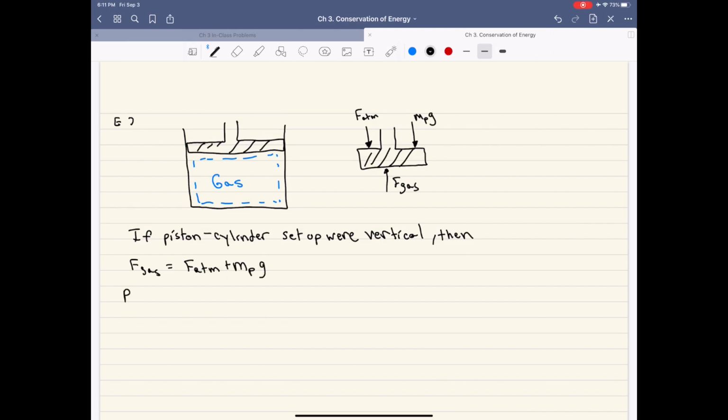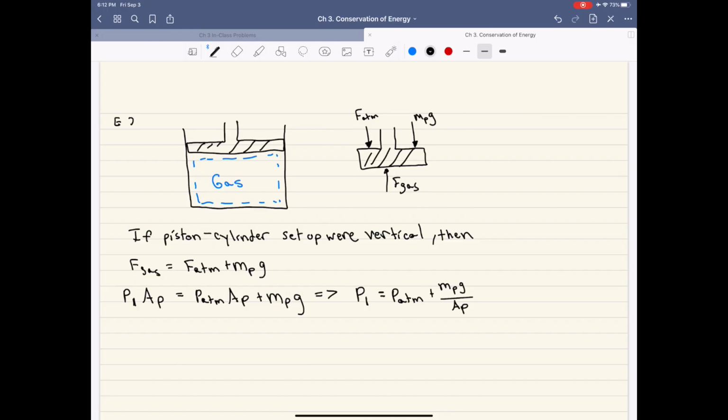And so we know the force of the gas, pressure 1 times the cross-sectional area, force of the atmosphere, atmospheric pressure times A_P. The weight of the piston is m_P g. Therefore, what we get in the end is that the pressure of the gas initially is not just the atmospheric pressure, but it's essentially the atmospheric pressure plus the weight of the piston divided by the area of the piston.